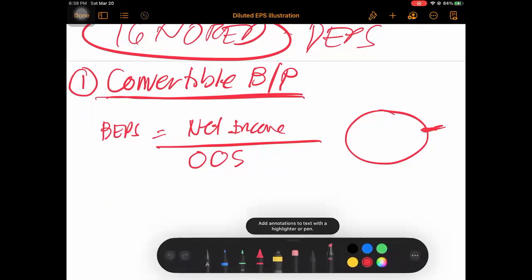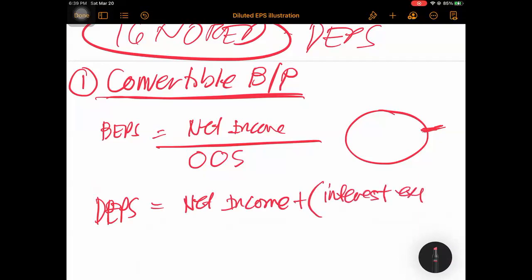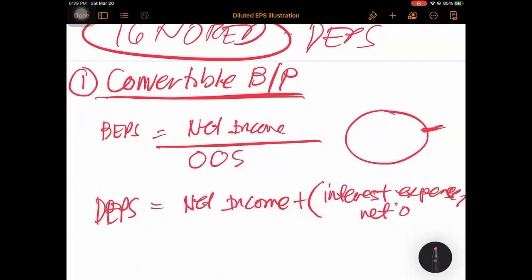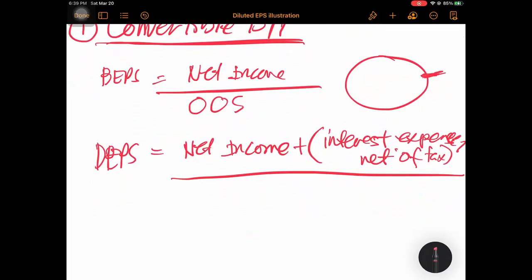So, the formula for diluted earnings per share, if you have a convertible bonds payable: you have net income, plus interest expense, which must be net of tax, divided by the outstanding ordinary shares plus the potential ordinary shares.